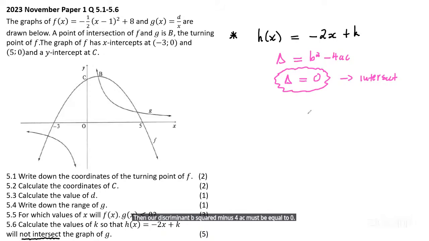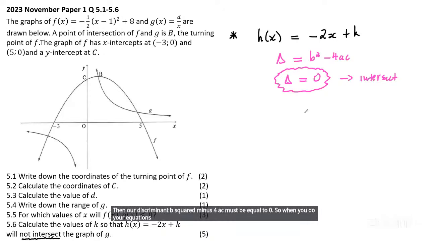So when you do your equations, bring them all together, identify a, b, and c. That discriminant under intersection must be equal to 0.